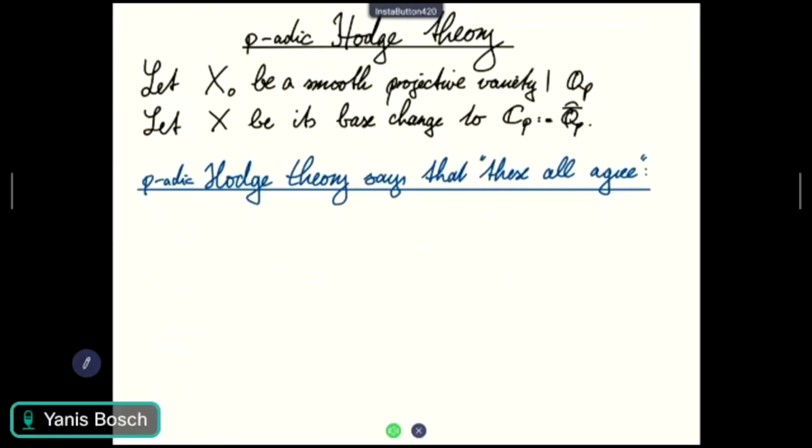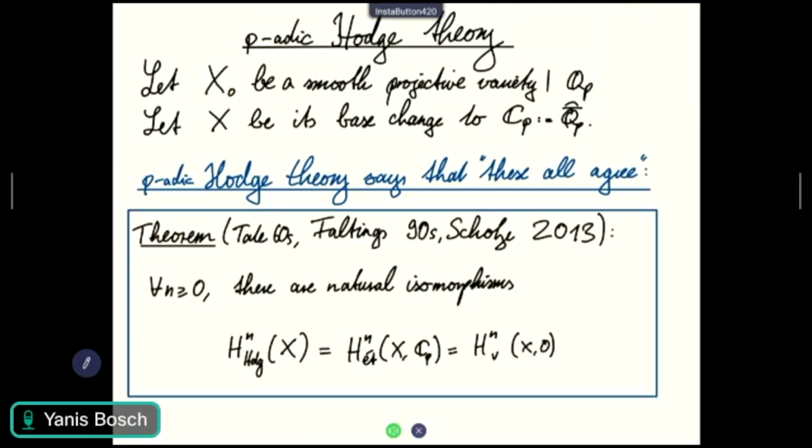And then once again, p-adic Hodge theory, hence the name, says that these three, and okay, a couple of the others, all agree in the following sense. So this is a theorem that goes back to Tate in the 60s, and then there's work by a lot of people, Coleman, Fontaine, Niziol, Tsuji, and then, okay, this theorem here is maybe due to Faltings in the 90s. And then the V cohomology part is probably due to Scholze.